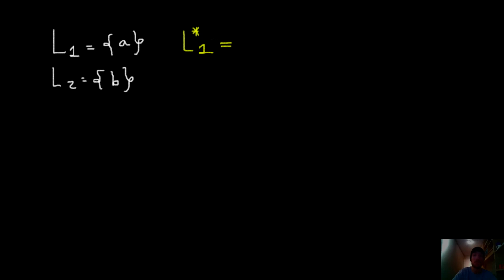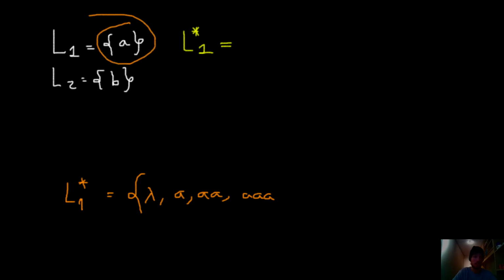So words that belong to this language with the Kleene closure will be, for instance, the word A, the word AA, two times the terminal symbol A, and the word AAA, three times the terminal symbol A. Also, the empty word belongs to this language, since with the Kleene closure we can apply zero or more concatenations of this terminal symbol.